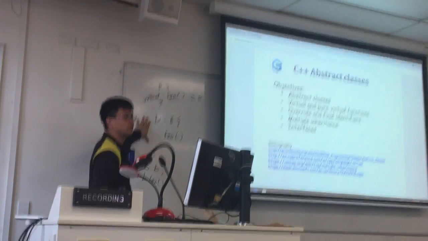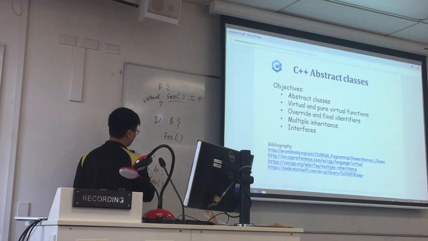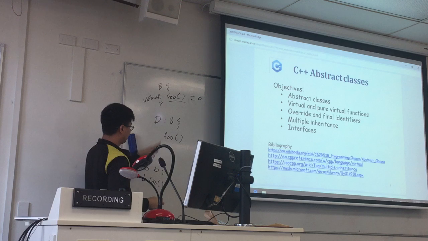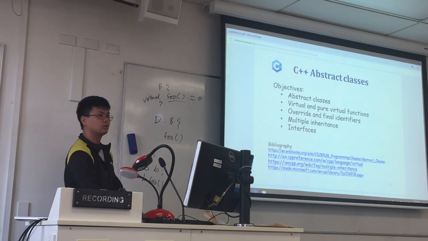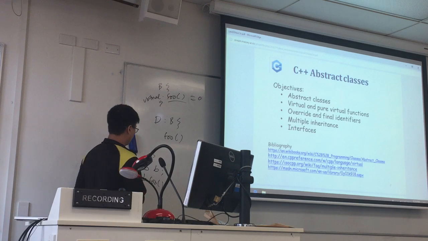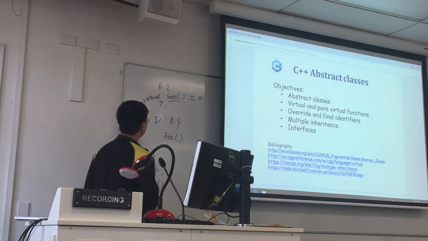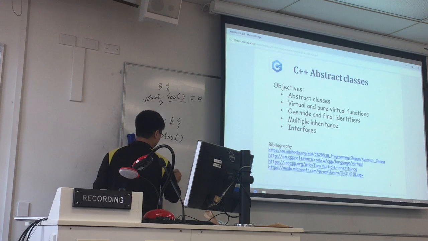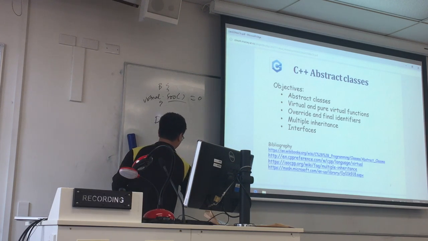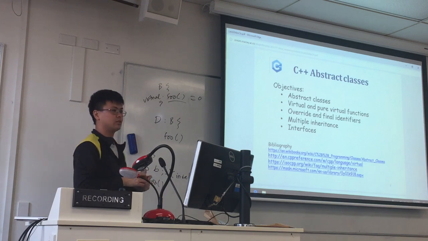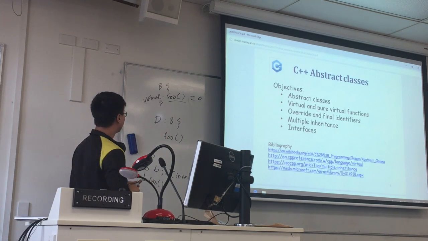This is B, it is not D at all. So if you instantiate it as a B, then you can forget about it. And because there is no implementation of foo in B, the compiler doesn't know what to do. So in C++, you cannot instantiate this, it is invalid. Now a class that cannot be instantiated is called an abstract class.